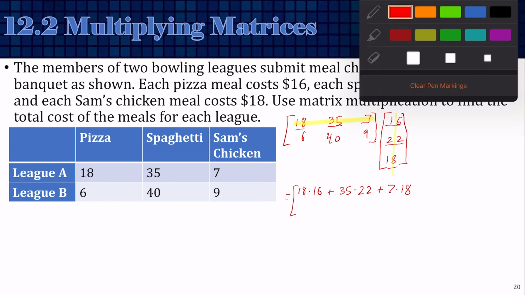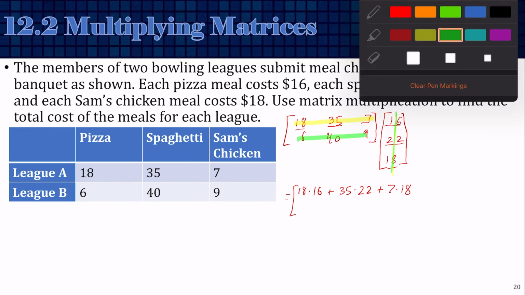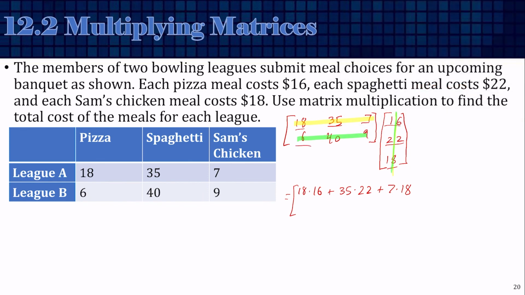And then we can do the second row with the first column. We have 6 times 16, 40 times 22, and 9 times 18. So then we just simplify that.